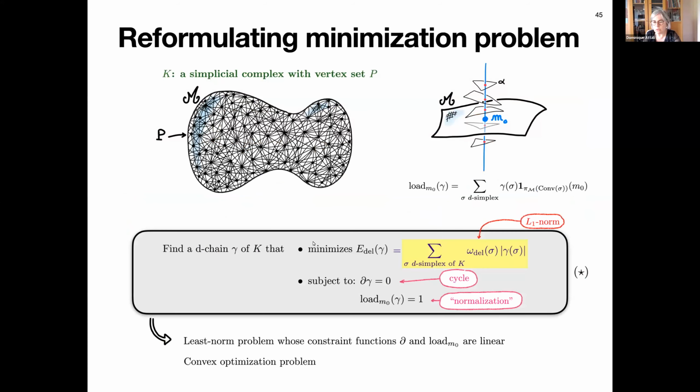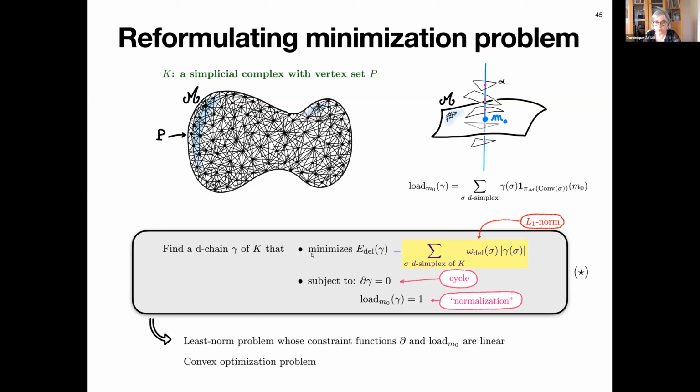This is the reason why we are using an L1 norm for the optimization. So we are going to minimize among all d-chains the Delaunay energy of a d-chain gamma. And this Delaunay energy, we're going to define as a weighted L1 norm, where the weights are the Delaunay weights that we have defined before.